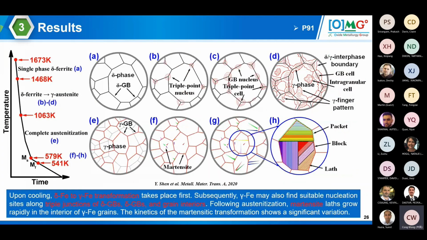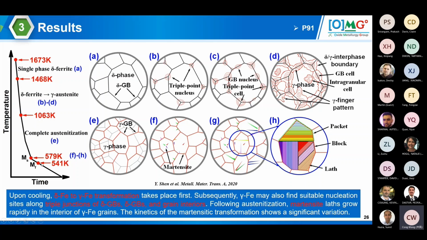And putting this all together, what we are seeing in the left diagram there is, from 1673, you're forming this delta ferrite, and you have this ferrite to austenite transformation.